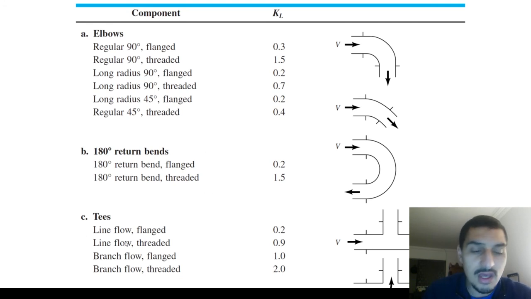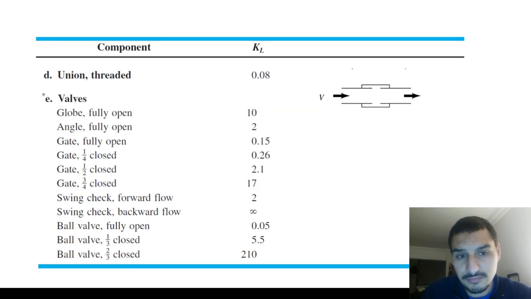For the T's, we'll have two options, either to be a line flow, which means that the flow is going in this direction and getting out of the same straight line, the same flow direction. But if it's a branched flow, then the flow is going from this side and coming out of this side. And of course, this is more difficult or will generate more pressure drop due to the change in the flow direction. We'll have here a union, which is just a connection between two pipes.